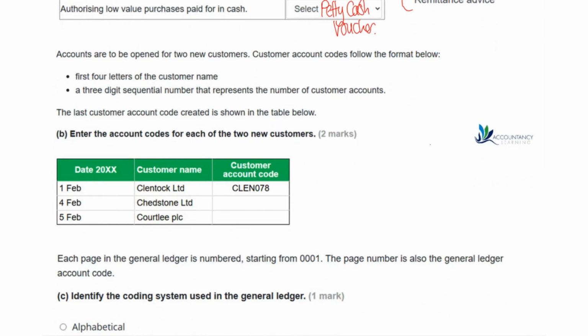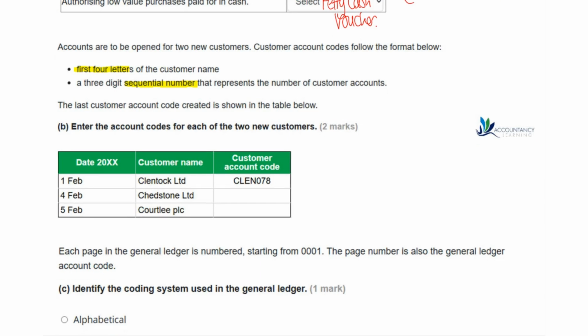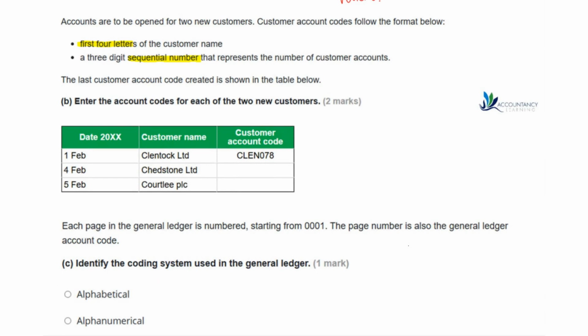Accounts are to be opened for 2 new customers. Customer account codes follow the format below. The first 4 letters of the customer name, and a 3-digit sequential number that represents the number of customer accounts. The last customer account code created is shown in the table below, and then we've got to create 2 new account codes.